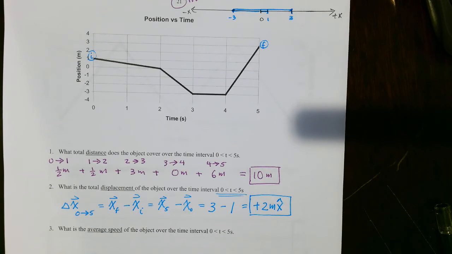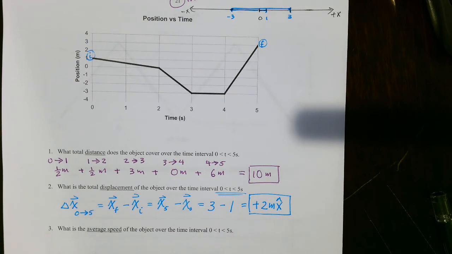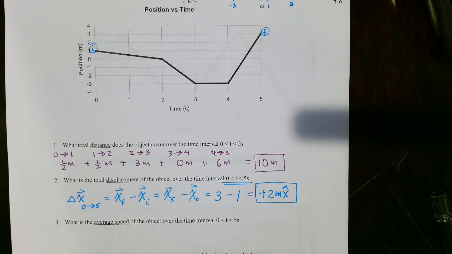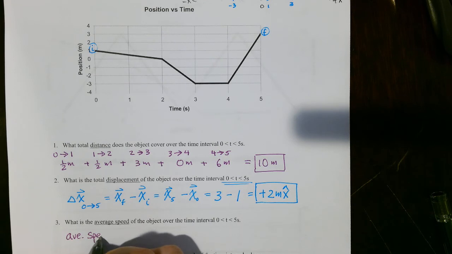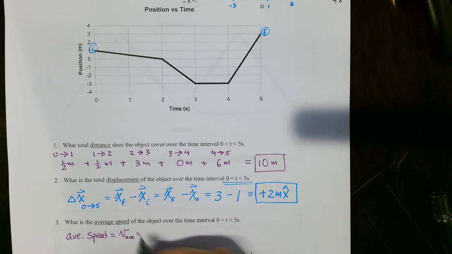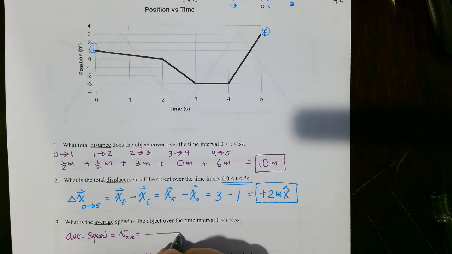All right, what about number 3? For number 3, what is the average speed? We know average speed is equal to just v without that arrow on top. If you want to write down here average, that's fine too. And that is basically total distance divided by total time.